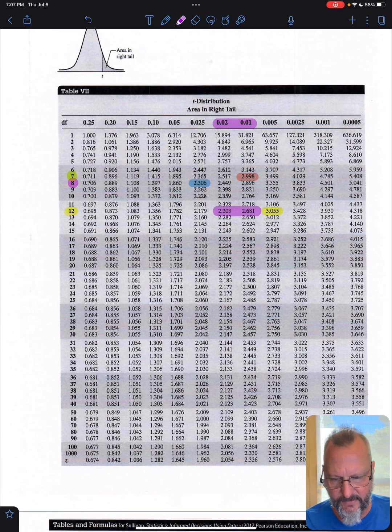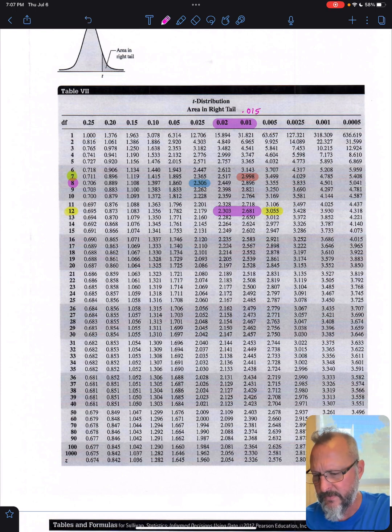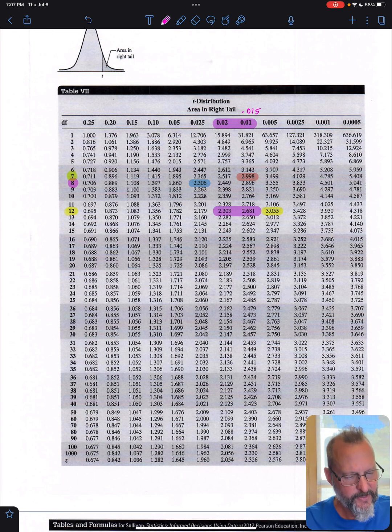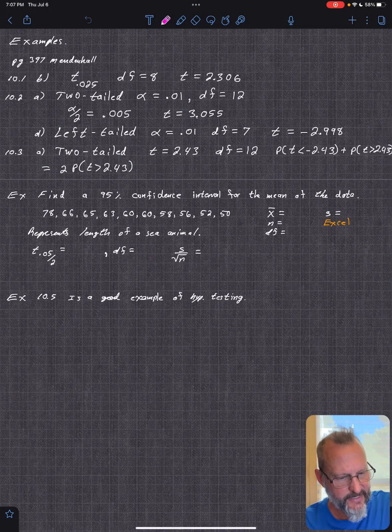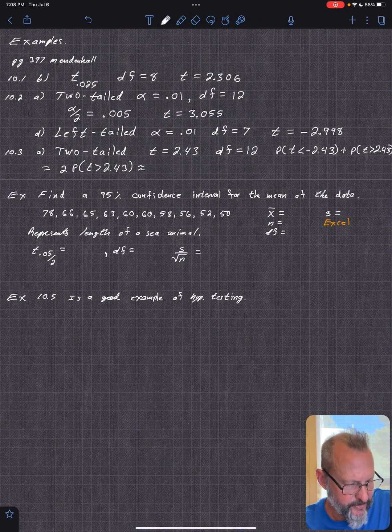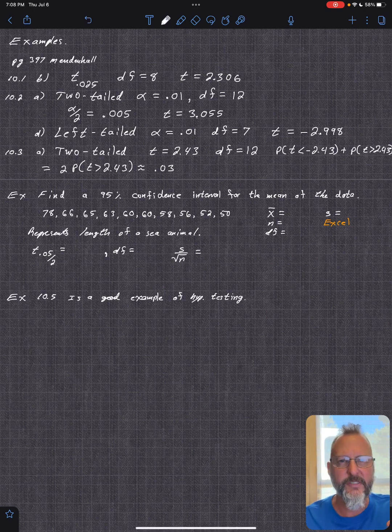Let me see what I have written down. 0.01, 0.05. Yeah. So 0.02, 0.01, add and divide is 0.015. So if we used 0.015 and then multiply by 2, that's 0.03. So basically what we can say is that this is approximately 0.03. But you don't know exactly where it's at.